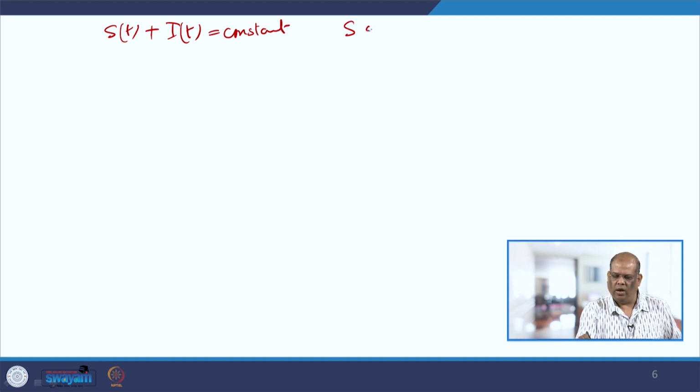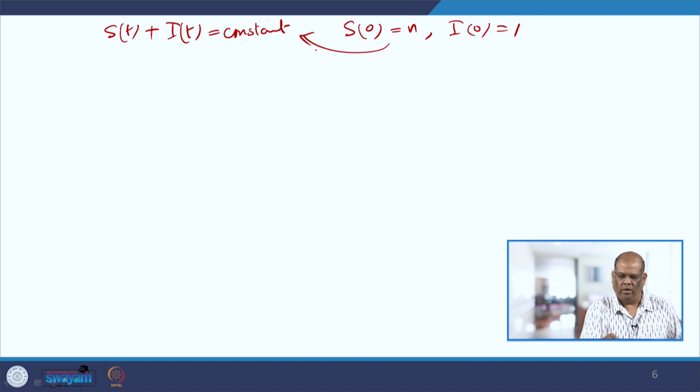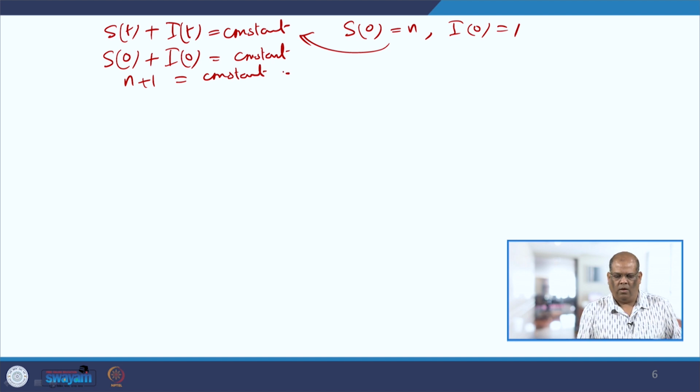Your initial condition S0 was n, I0 was 1. You substitute it here, you get S0 plus I0 equal to constant, and the value is n plus 1. So, that is the value of your constant. So, you get S(t) plus I(t) equal to n plus 1.